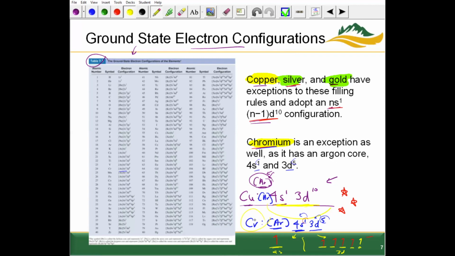That is why chromium is also an exception. So remember, our exceptions are copper, silver, gold, and chromium. They are exceptions because their electrons don't pair like we'd expect. Instead, they'll have some different configuration that's unexpected. It's an exception, but it leads to an overall more stable electron configuration.